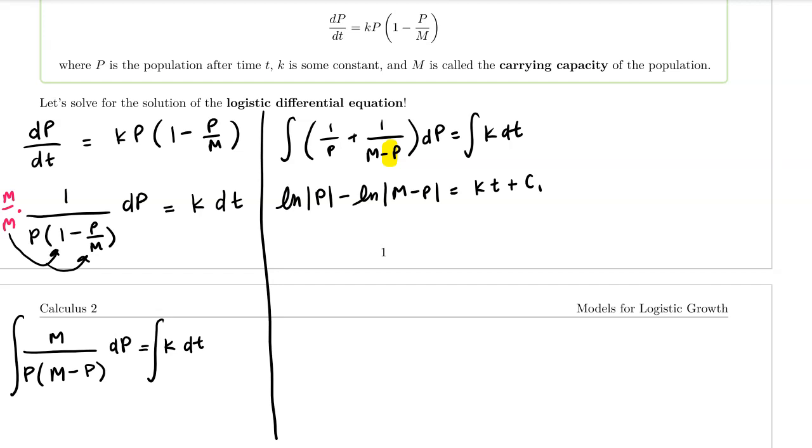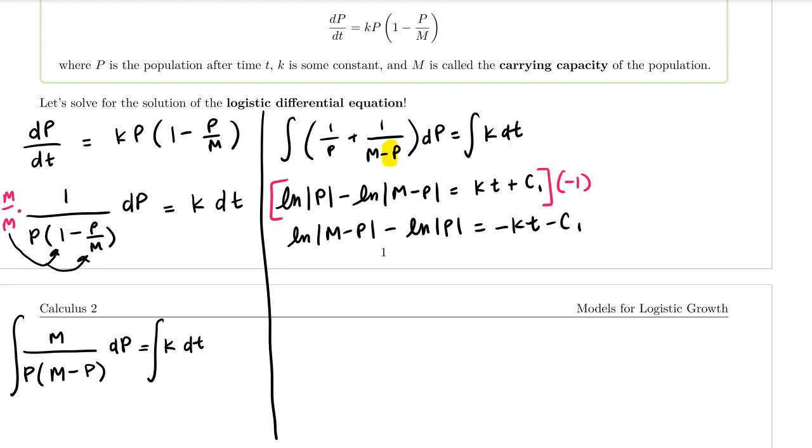What I want to do next is multiply my entire equation by negative 1. And if I do that, we get the natural log of the absolute value of (M minus P) minus the natural log of the absolute value of P is equal to negative kt minus C1.